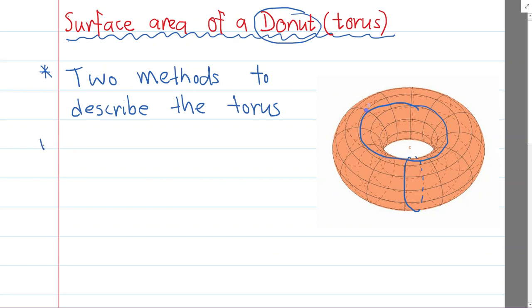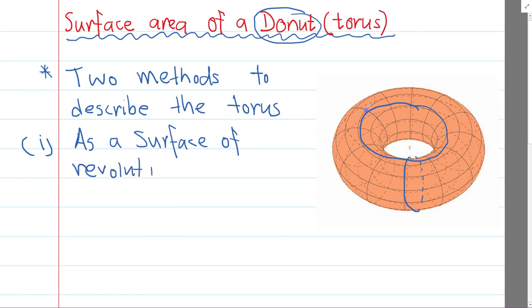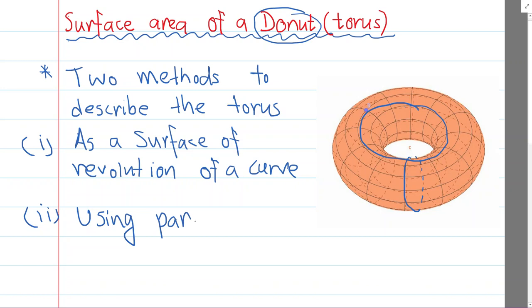The first one is a surface of revolution of a curve, and the second one is using parametric equations.